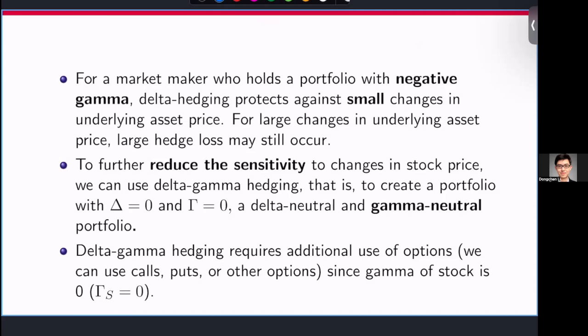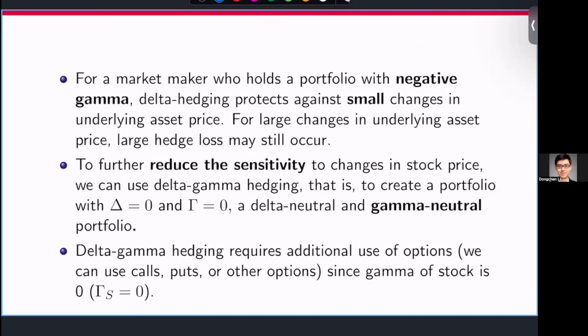But here's a very important fact: you cannot construct a portfolio that is both gamma neutral and delta neutral using the underlying asset only. That is because the gamma of your original portfolio is either positive or negative, but the gamma of the underlying asset, let's say a stock, is always zero.